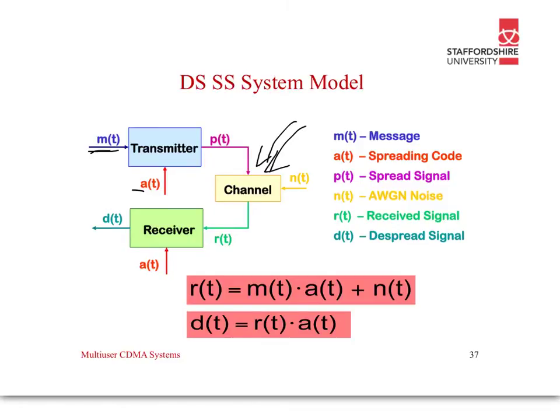Then at the receiver, we receive a signal and we multiply that signal by A of t. So R of t equals message of t times A of t plus N of t. D of t is the received signal times A of t.